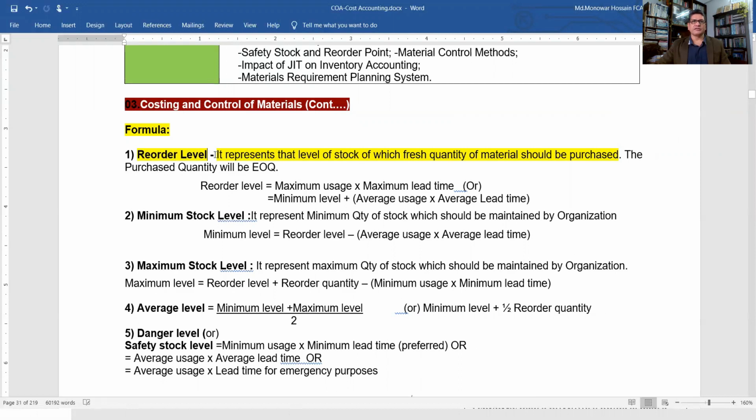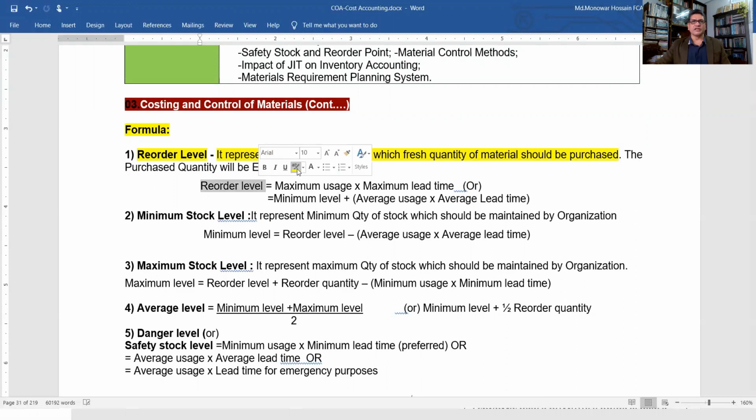Reorder level represents that level of stock at which a fresh quantity of material should be purchased. The purchased quantity will be the economic order quantity.